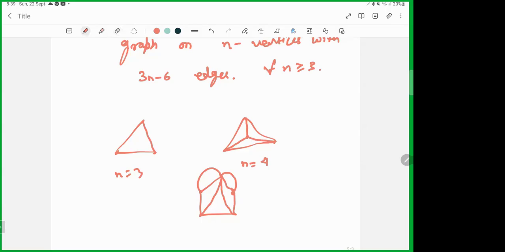Okay. Why are you thinking in this way? We have 9 edges. But this way you can't. How will you see that you can extend this way?